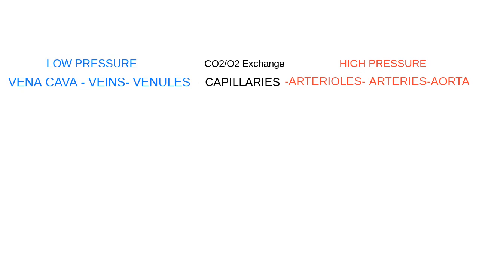So again, the arteries primarily transport oxygenated blood. However, there is an exception. The pulmonary arteries. I have 2 pulmonary arteries, 4 pulmonary veins. The pulmonary arteries transport deoxygenated blood from the right ventricle to the lungs.